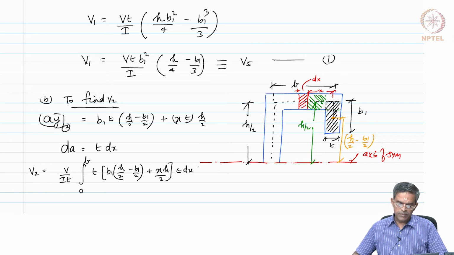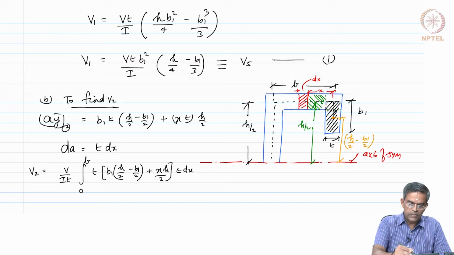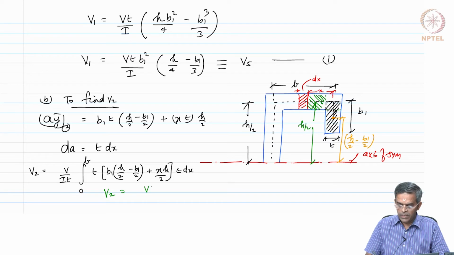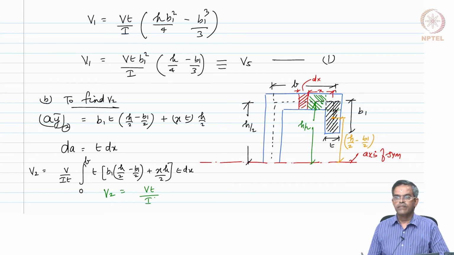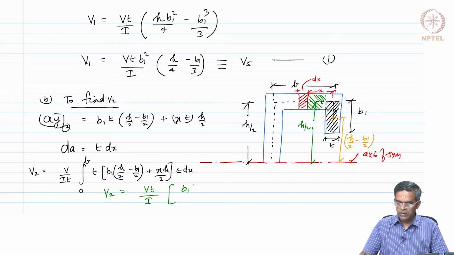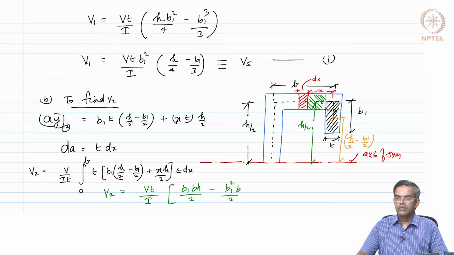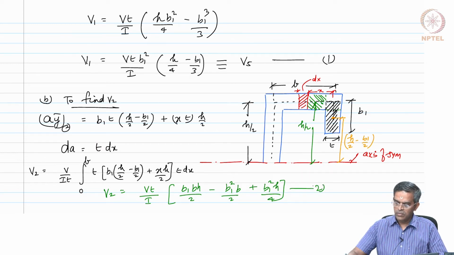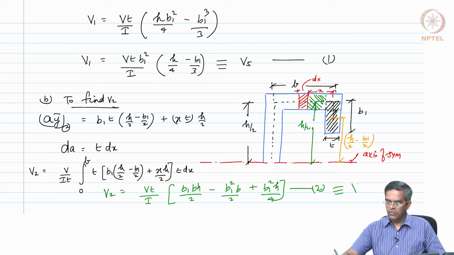Now, integrating and substituting, we get V2 as V t by I, B1 B h by 2 minus B1 square B by 2 plus B1 square h by 4, which is identically equal to V4.